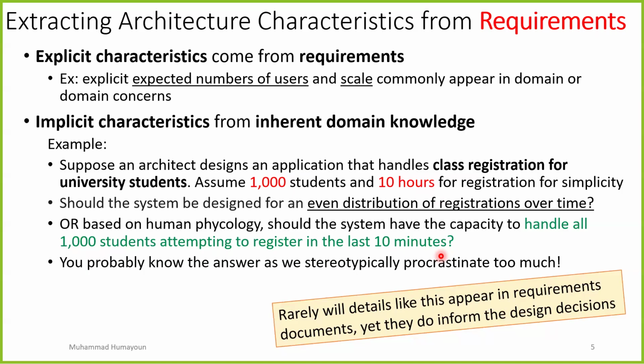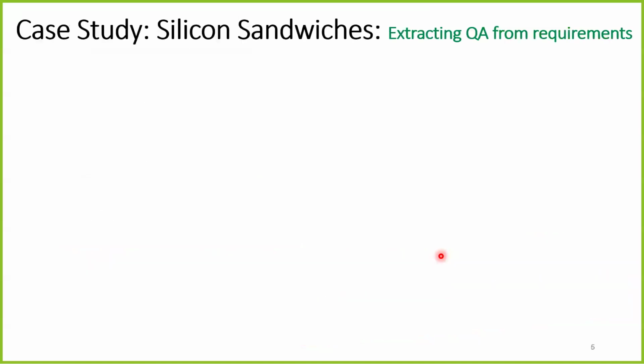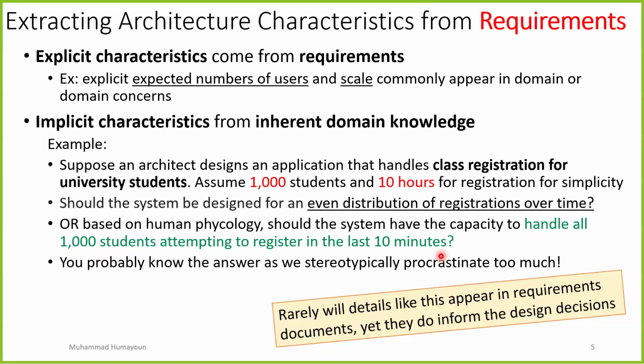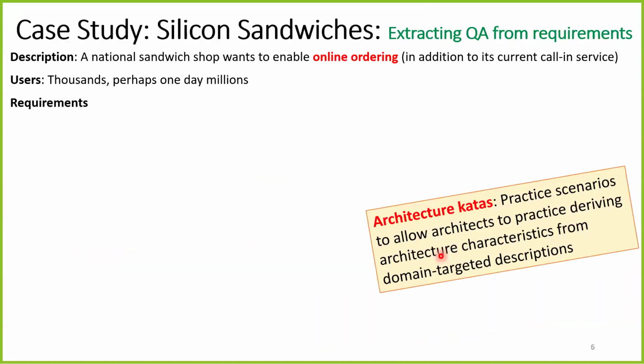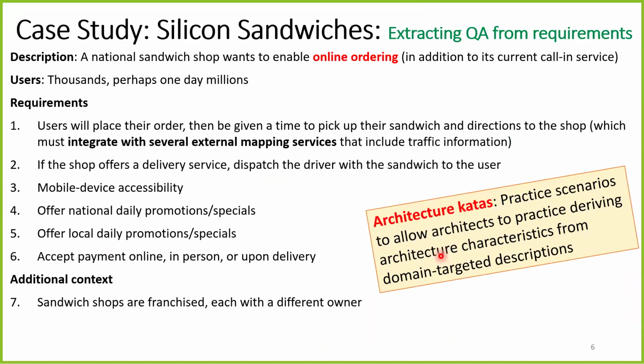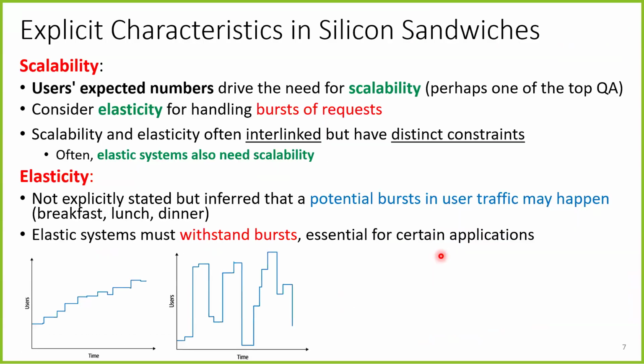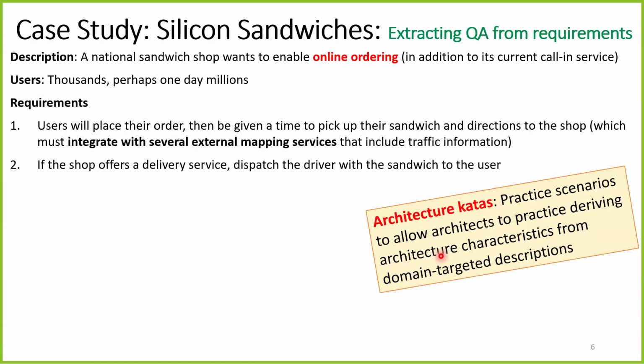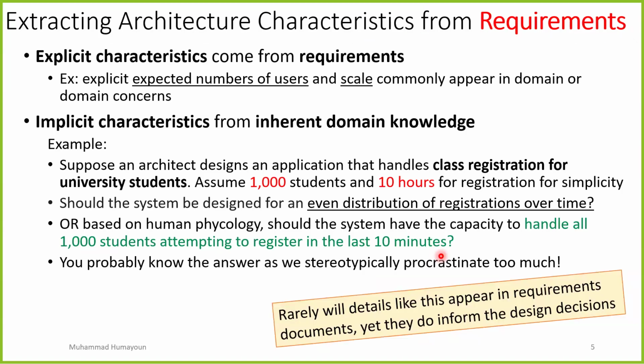This inherent domain knowledge of human psychology should let you decide something like, instead of scalability, you also want to provide, what is it called? Just went out of my mind. Yeah, elasticity. So elasticity means certain bursts of users trying to access your application.